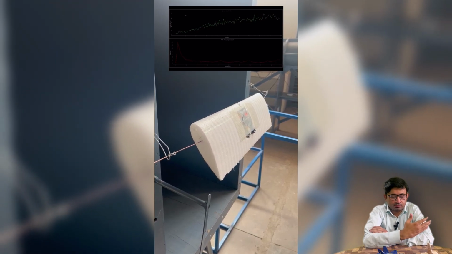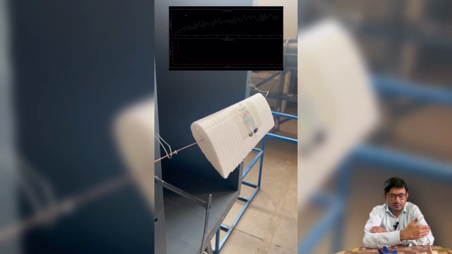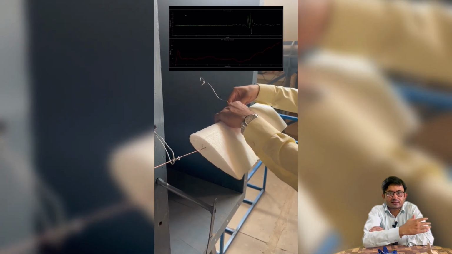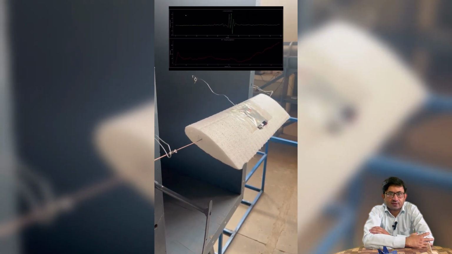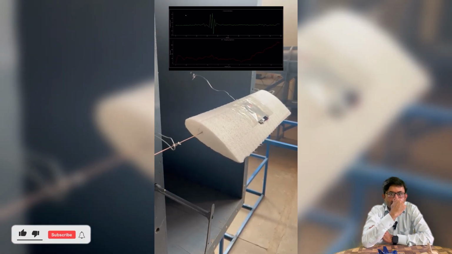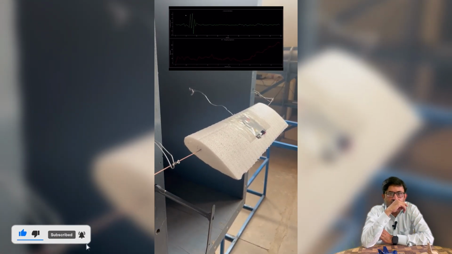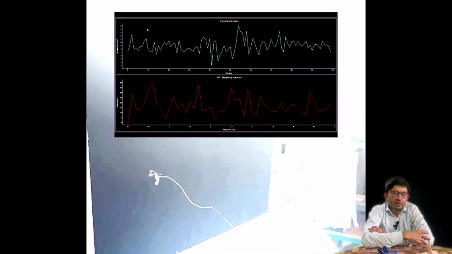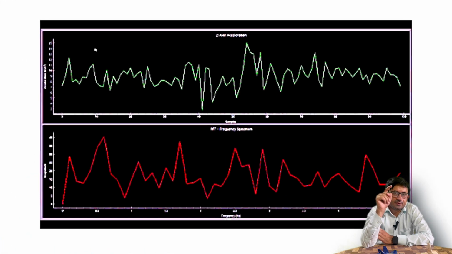You can see the oscillation slowly building up. Now it is getting more oscillation, and now when I replaced it with a small mass, the vibration certainly reduced. You can see in the data, it is going to 60 meters per second squared, that means 6g, and on the negative side minus 40, that means minus 4g.